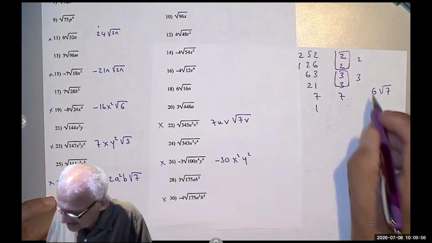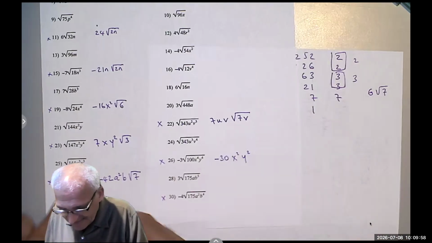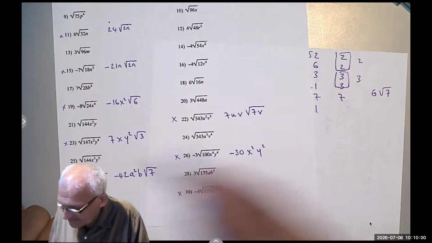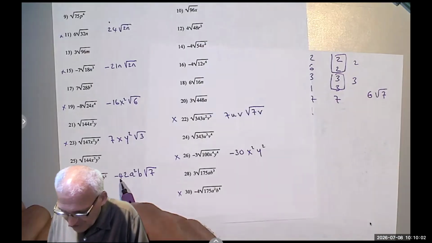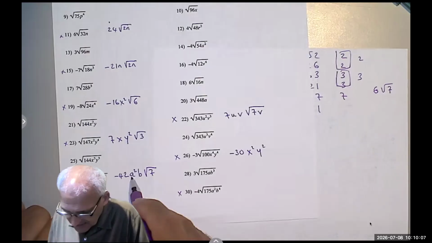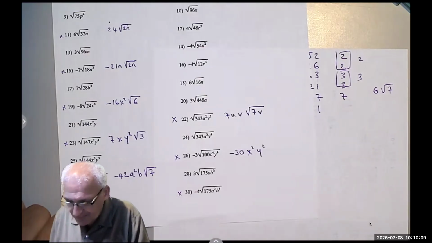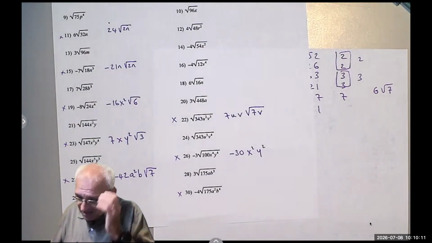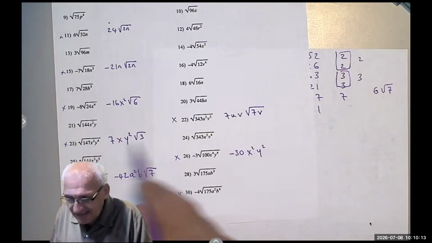Notice it was 6 root 7, and I had negative 7, so negative 7 times 6 is negative 42 root 7. The a to the 4 came out as a squared, the b squared came out as b, and that is the answer. Sometimes people don't like it like that.